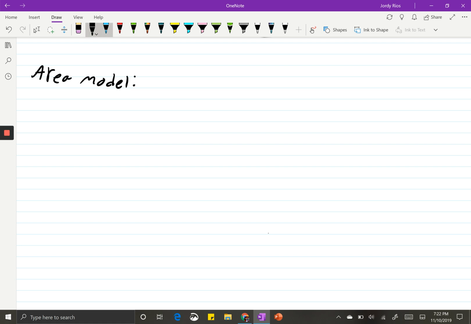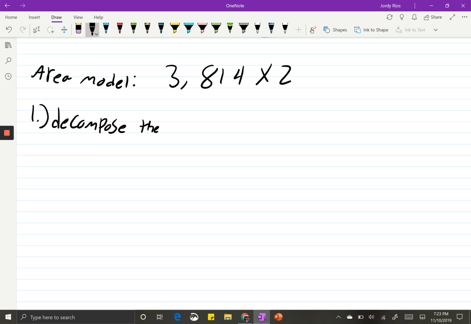Okay, so I'm going to use the same numbers, 3,814 times 2. Now, with area models, I'm going to break it down by its value. Decompose the number by its value.